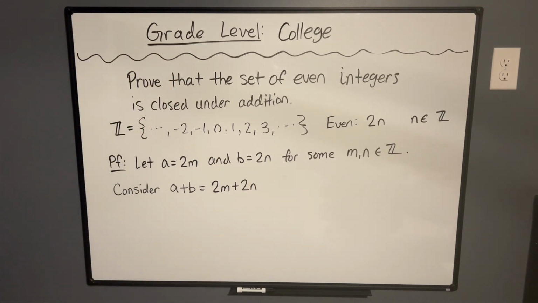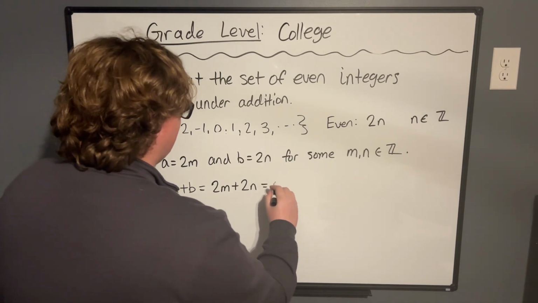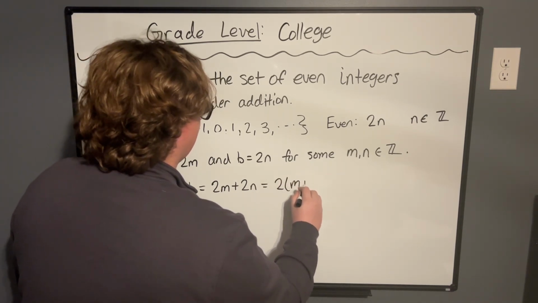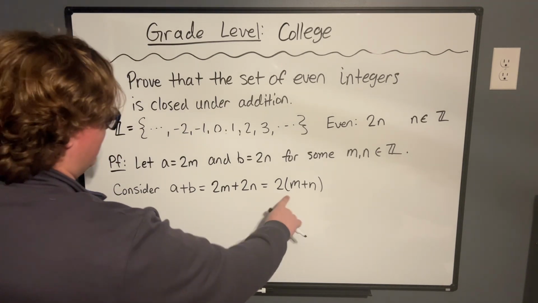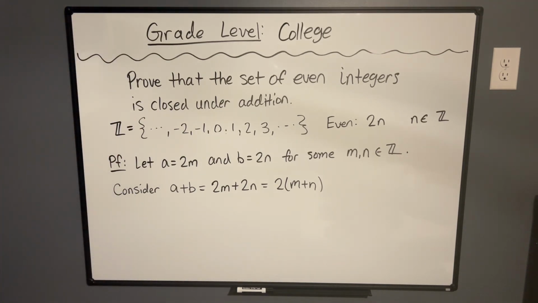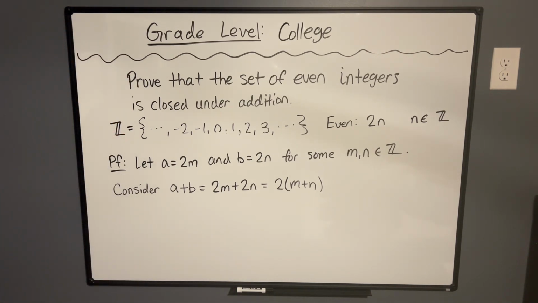Now, the trick to show that this also has to be even is we can actually factor a 2 out of this. So this is the same thing as 2 multiplied by (m plus n), right? Because if I distribute that 2 in there, I get 2m plus 2n, so nothing changes. But now we know that this has to be an even number. Because if I add 2 integers, I'm going to stay in the integers.